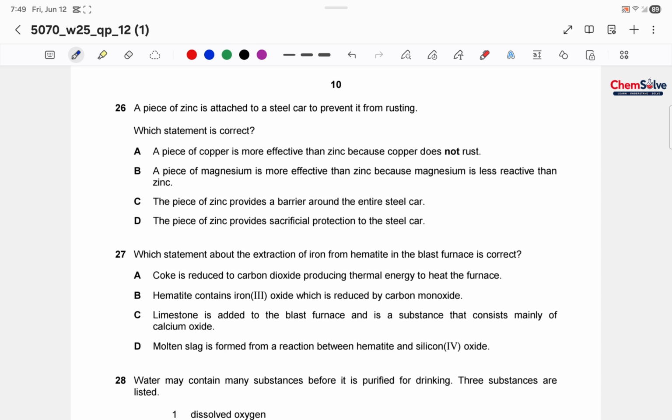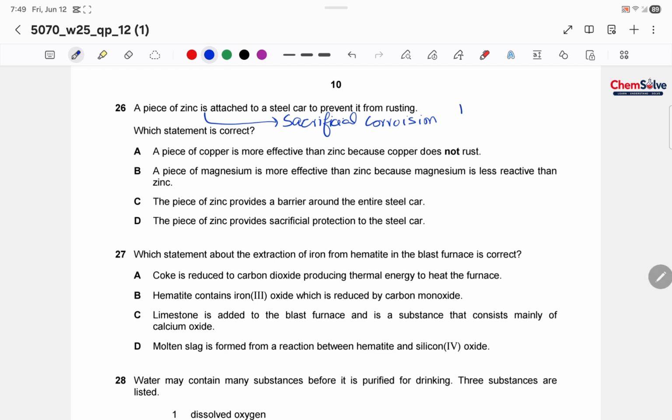When zinc is attached to some other metal, zinc actually provides sacrificial corrosion. What is sacrificial corrosion? It sacrifices itself. It corrodes first and it protects the other metal to which it's attached.